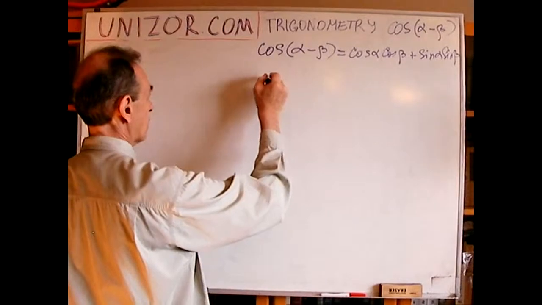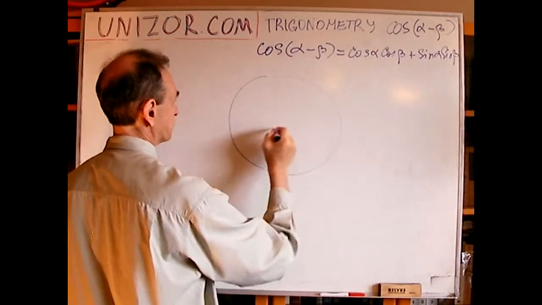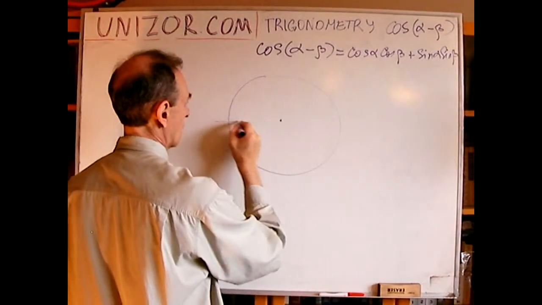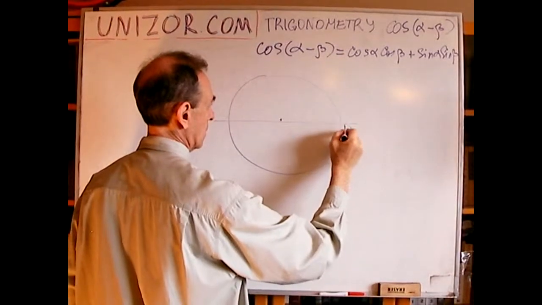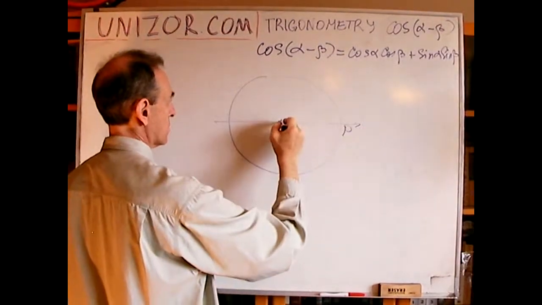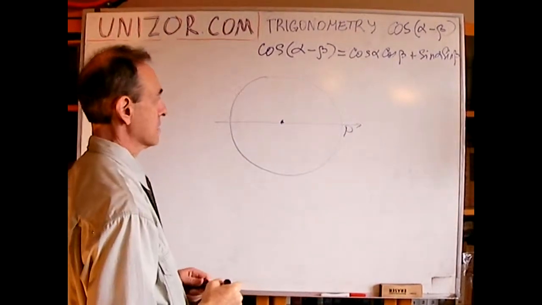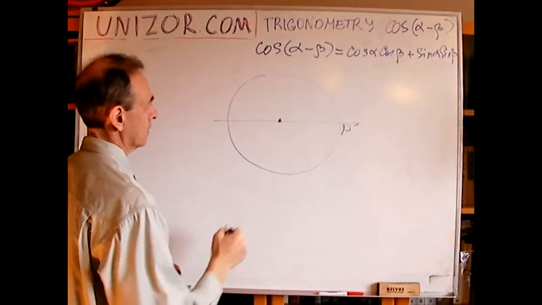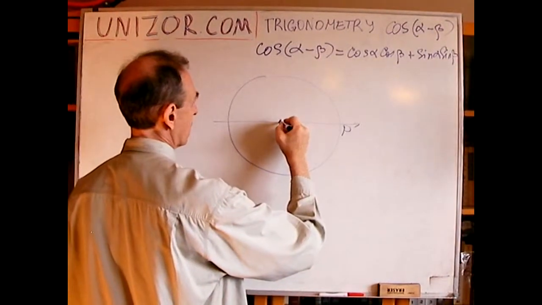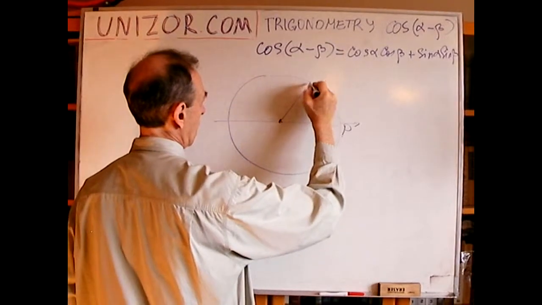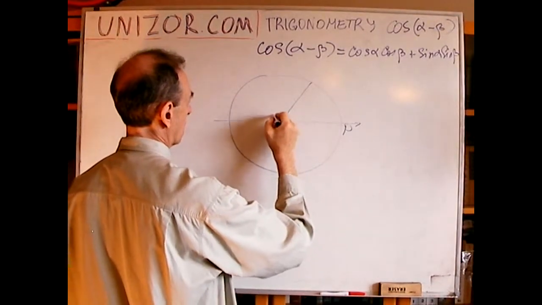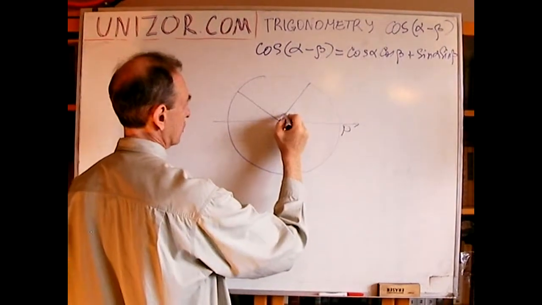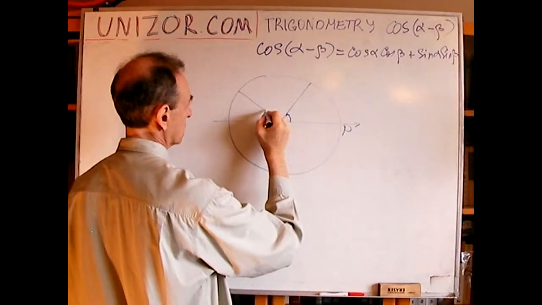So, here's our unit circle. This is the positive direction of the x-axis, and let's consider two angles. I will put them here, but the proof doesn't really depend on this.